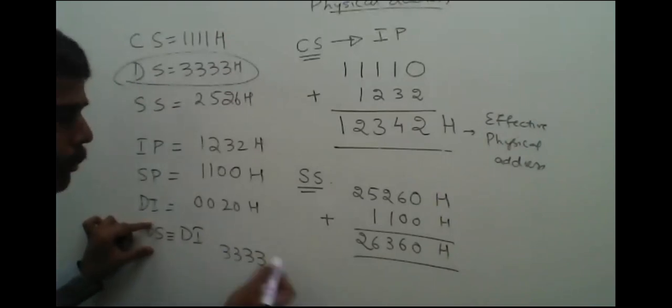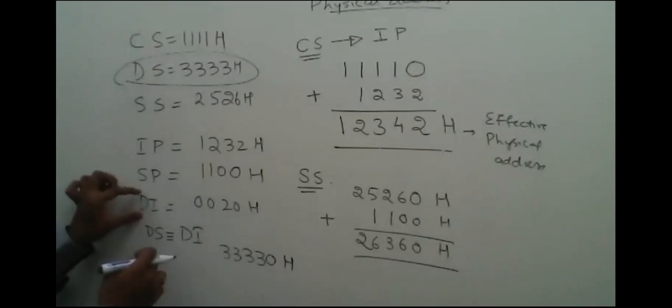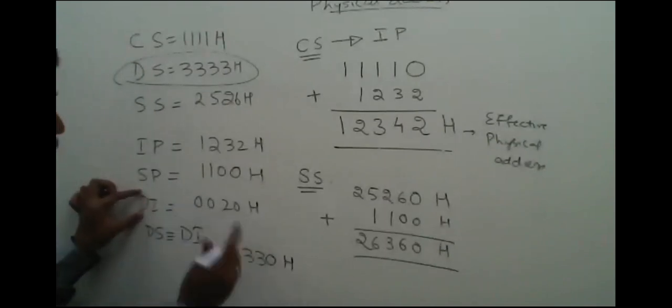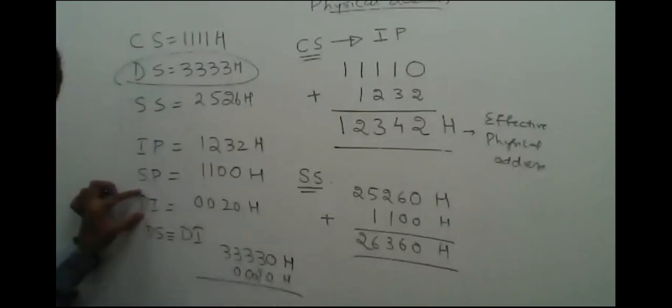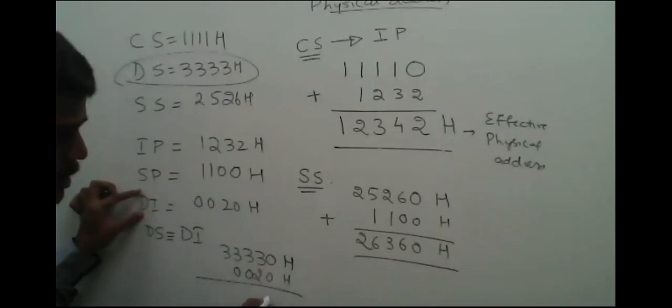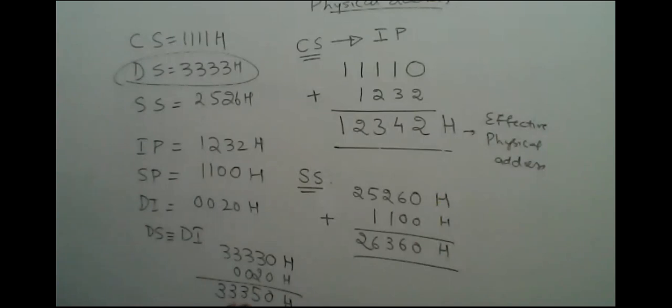Convert this into a 20-bit address and add the destination index value, that is 0020H, and the result you will get is 33350H. Okay, so this is the effective address.